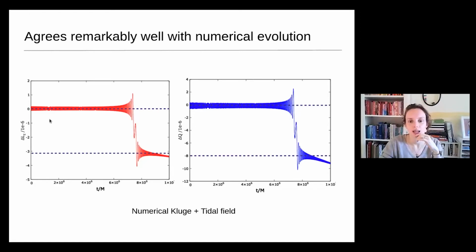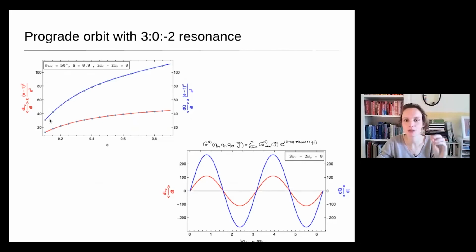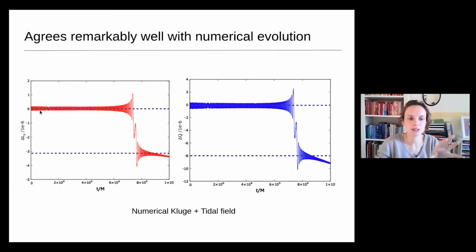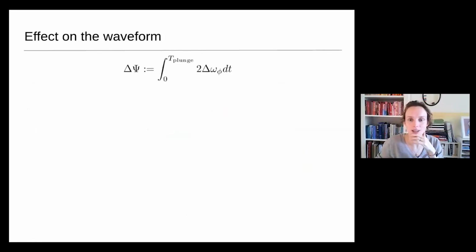So in these semi-analytic models, we only worry about the tidal field at the resonance, but here we just added on the tidal field throughout. Of course, this model is extremely slow to calculate, but you can do it. And the very nice thing is that the jump sizes that we calculate agree remarkably well with this numerical evolution. So this gives us confidence that what we did is, in fact, correct.